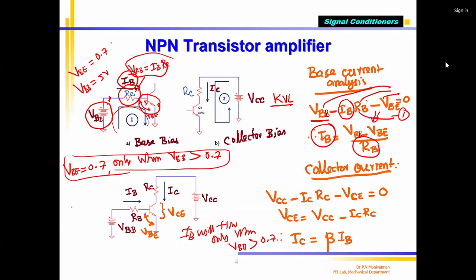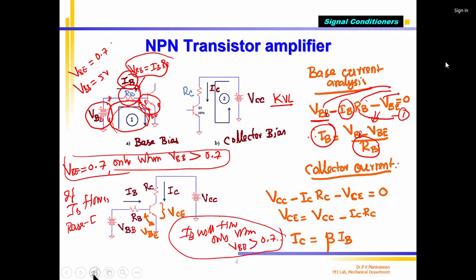If IB flows, I will say the base emitter junction is forward biased. That means current from this power supply will enter through the resistor into the base terminal and the circuit will close. That happens only when VBB, that is the supply voltage, is greater.